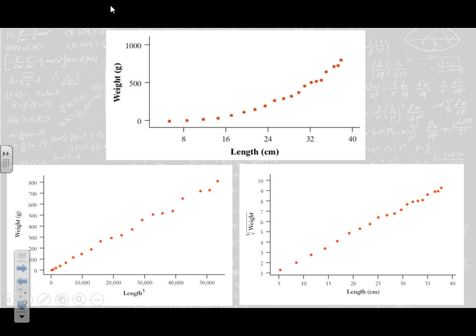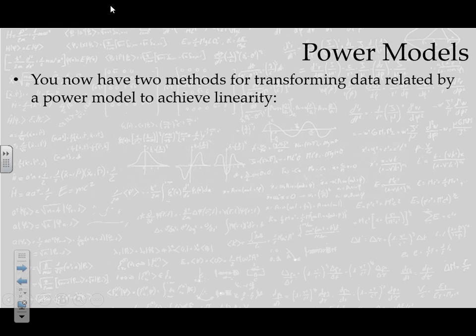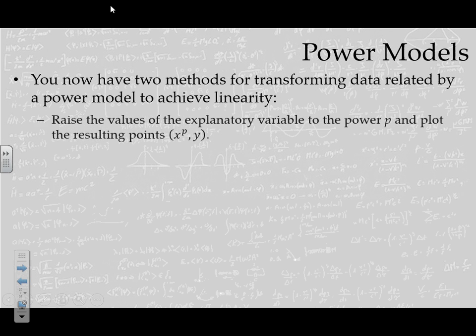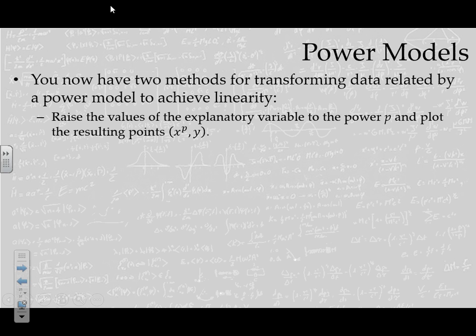Okay. And we just talked about 2 different ways to do it. So when you recognize a power model, it's just like a smooth curve. You can either raise x to the power that works the best. You might not know off the top of your head what power to raise it to, so you just keep doing it until you catch the right power. So you raise the values of the explanatory variable and then relate those.